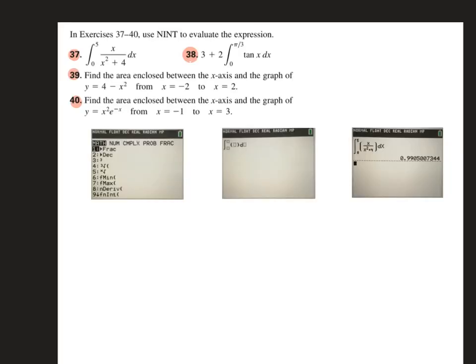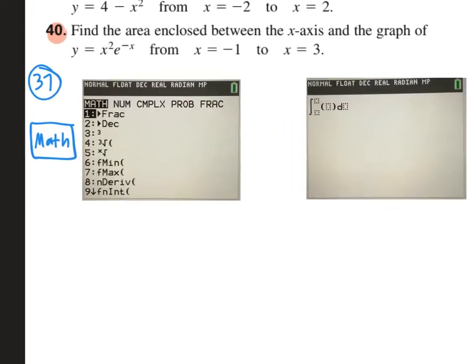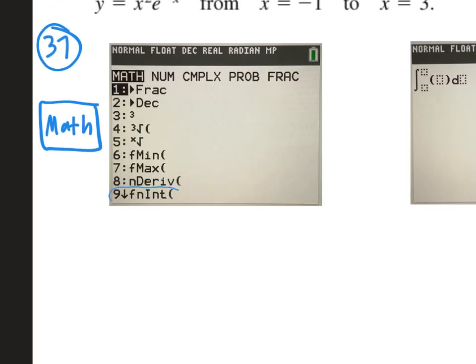Okay, so these next ones are just calculator questions. For 39 and 40, you'd have to kind of set up the problem, but 37 and 38, they basically just give it to you. Okay, so for 37, first thing, just hit the math key, and it'll take you to this math screen, and then just hit 9 because you really want this f in it.